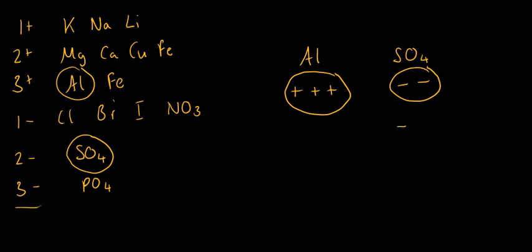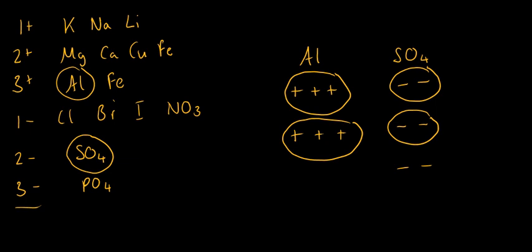So if I add another sulfate, I'm going to have too many. So if I add another aluminium to bring this up to 6, then I can add another sulfate again, and so therefore I'm going to end up with Al2SO4 with a bracket and a 3 there to show you that that is aluminium sulfate. Okay.